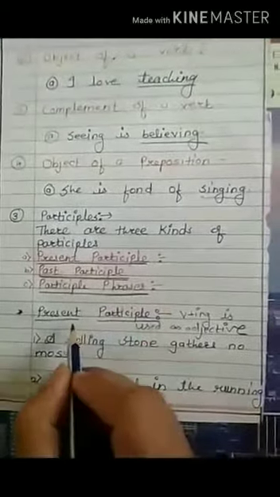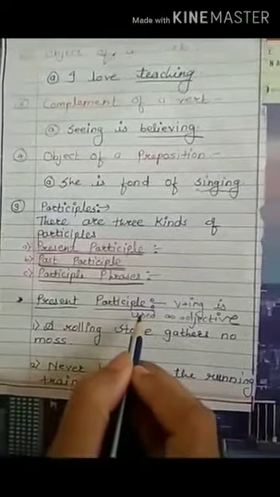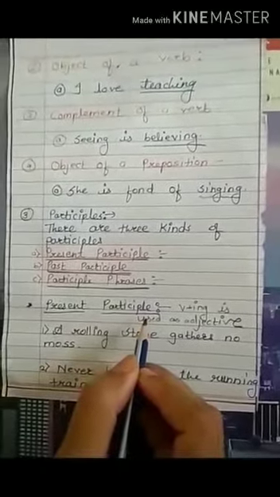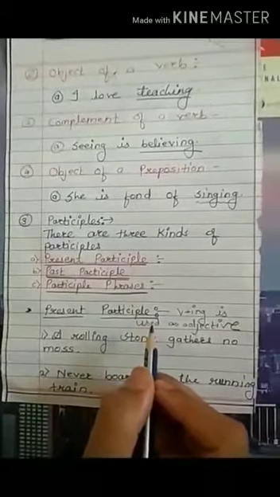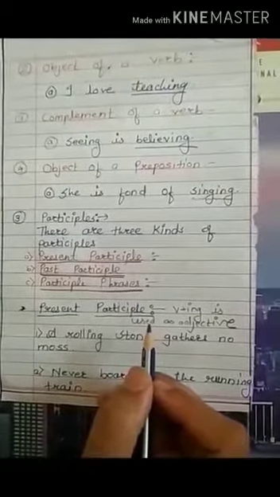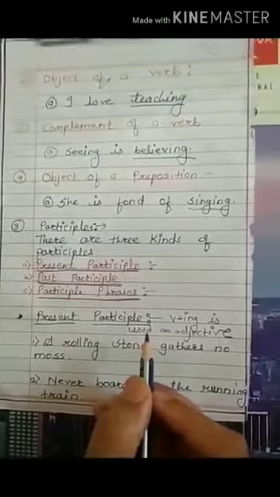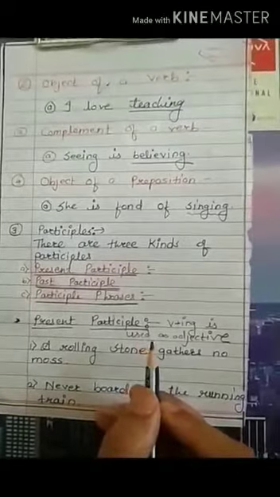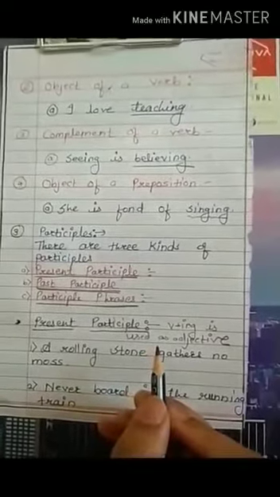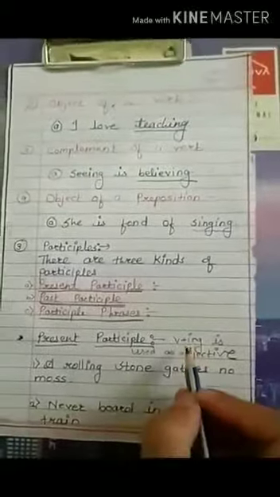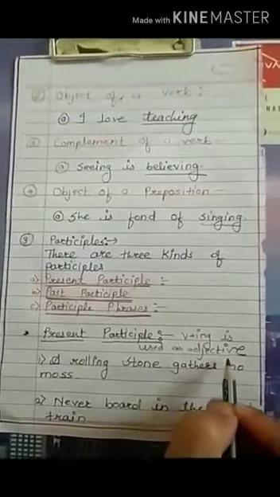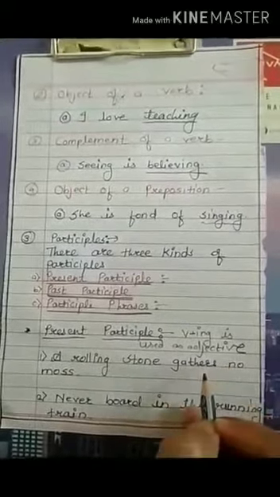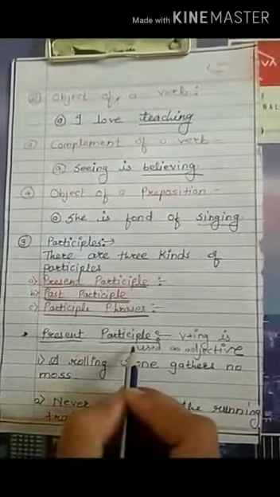Let us study first present participle. When adjectives are formed from verbs with the help of suffix ing, they are usually called present participles. In short, when verb plus ing is used as adjective, it is called as present participle.